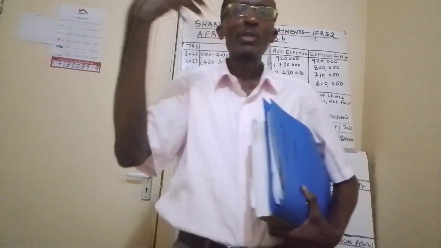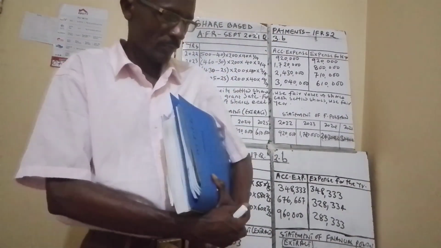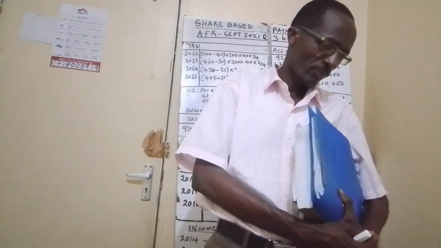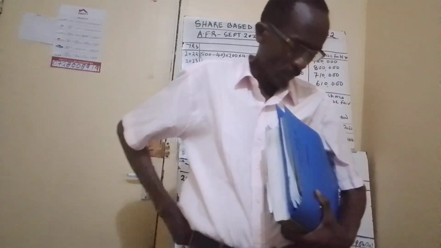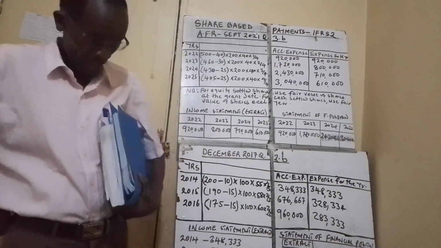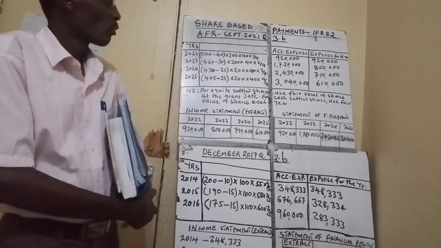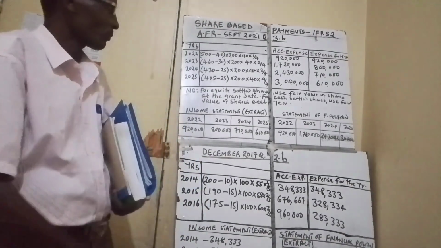So the first one is known as equity settled share-based. Number two is cash settled share-based. And number three is equity settled or cash settled. I think that is as simple as that. The types of share-based payment, they are those three.